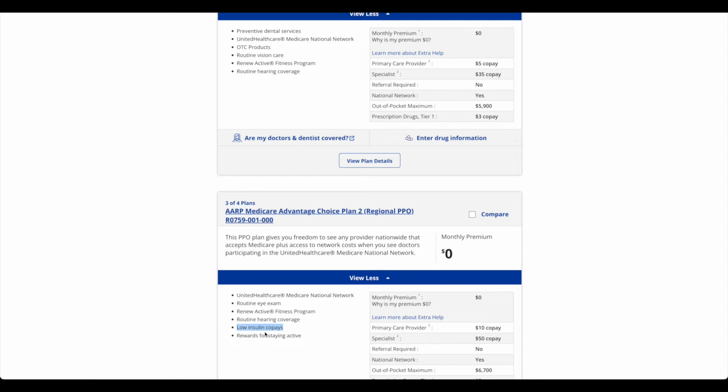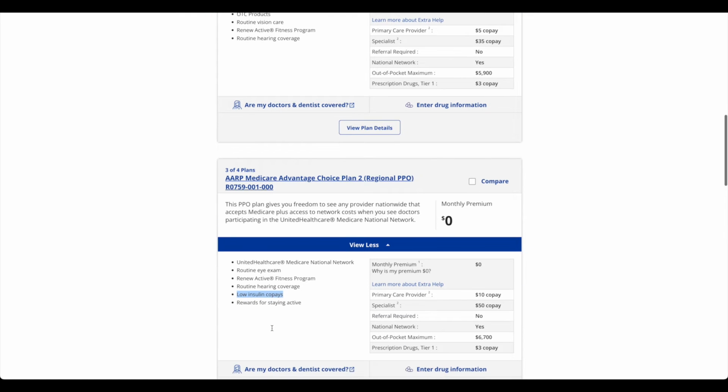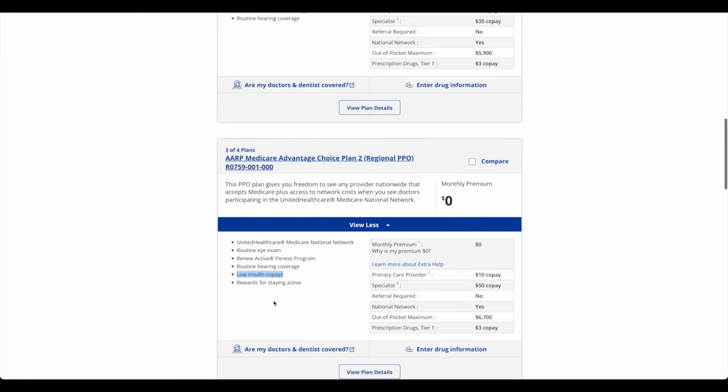But here we have a difference: low insulin copays. And then we have the reward for staying active. So this plan, just from seeing that, suggests that it has some favorable coverage for insulin or prescriptions. So this plan, with its higher costs and more flexible network, is also providing you those prescriptions.